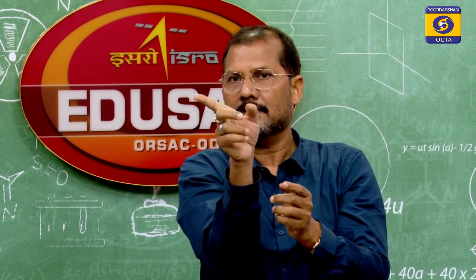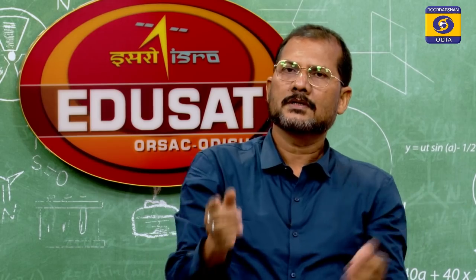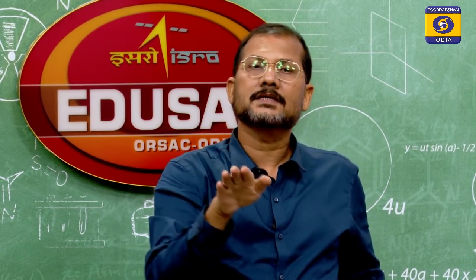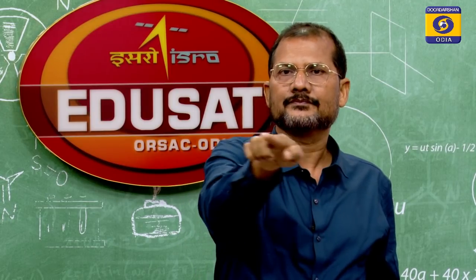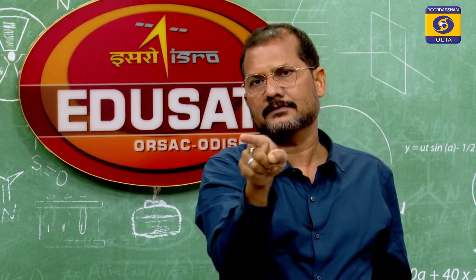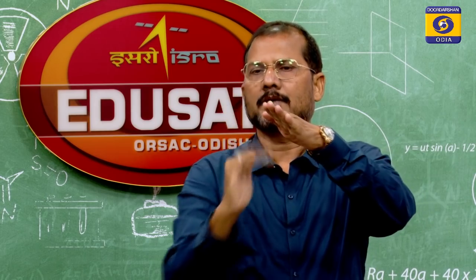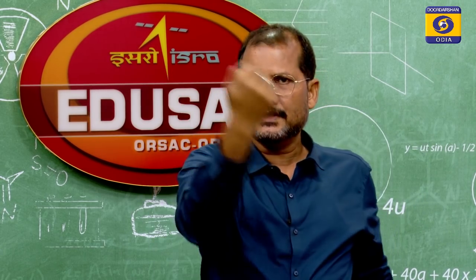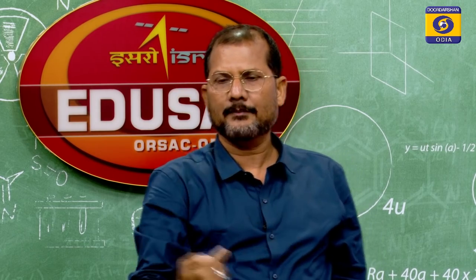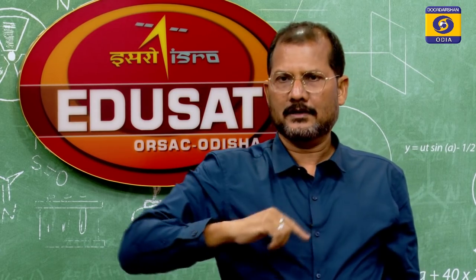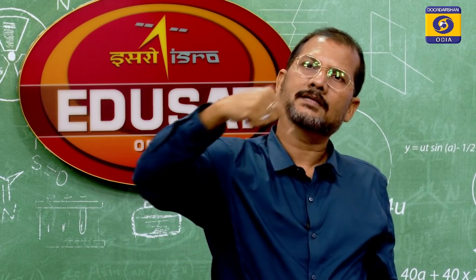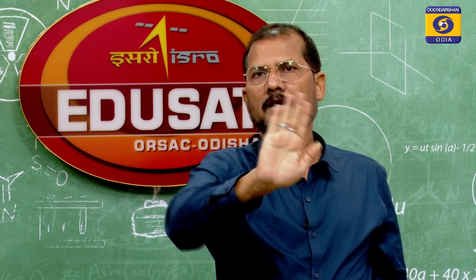In some compounds the plane was like this and it will change like this. This is your reference axis, the plane was like this and now it has turned like this, so you can say it is rotated clockwise.